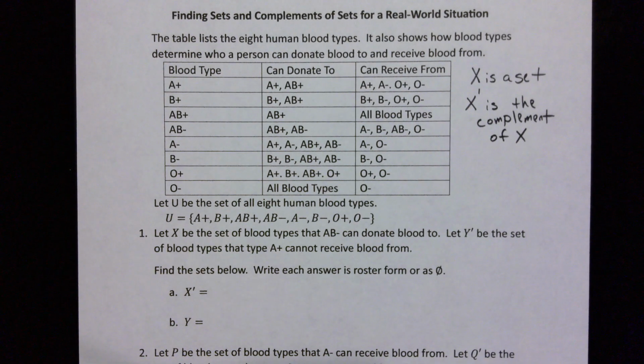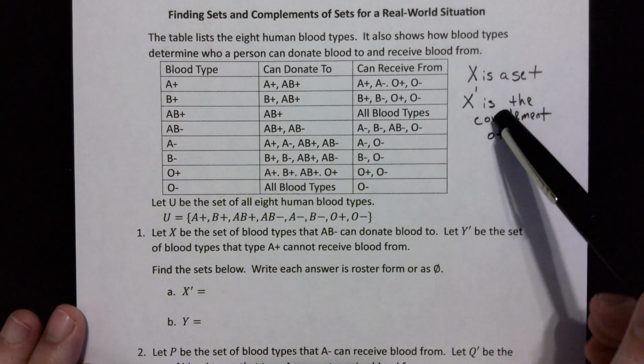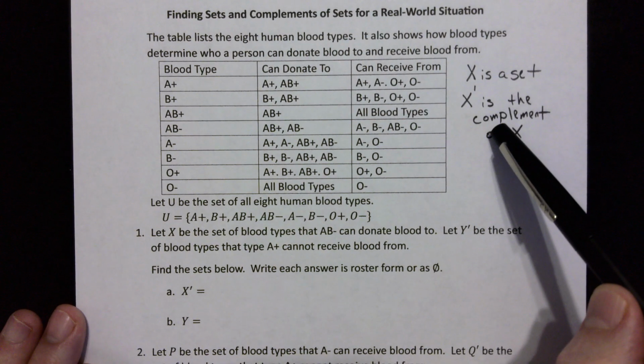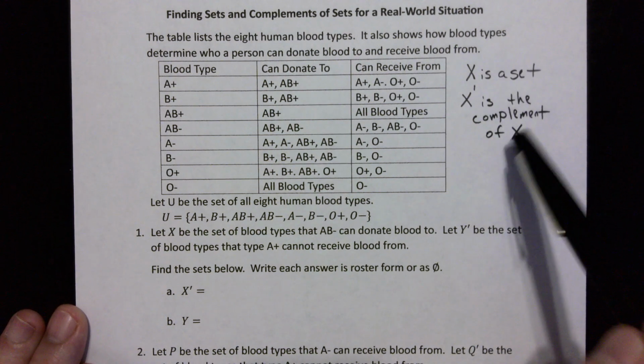If an element is in X, then it's not going to be in X complement, and if an element is not in X, then it will be in the complement.